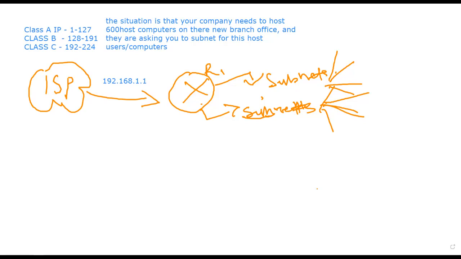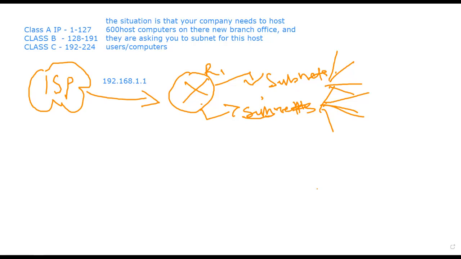Now let's start by saying, for example, you decide to choose an IP address. Let's change the color. First, let's erase this. Make it red.